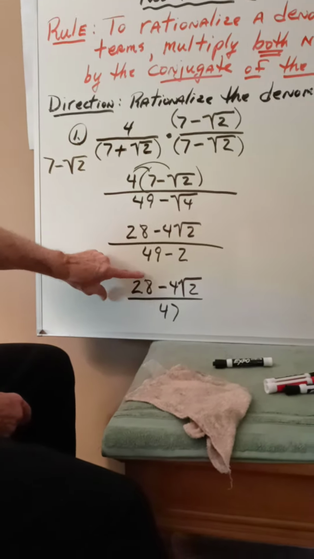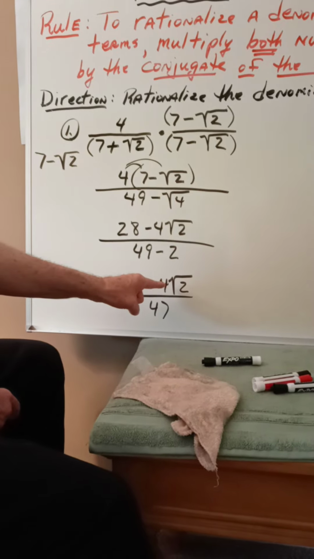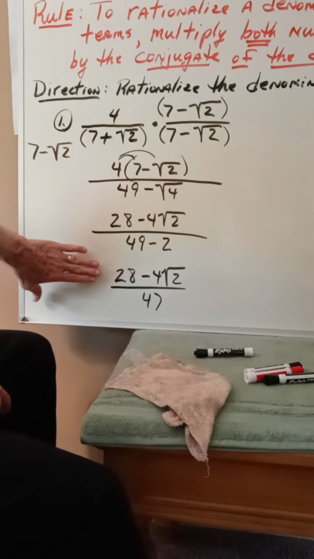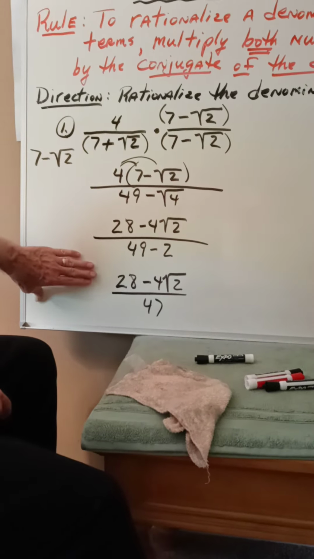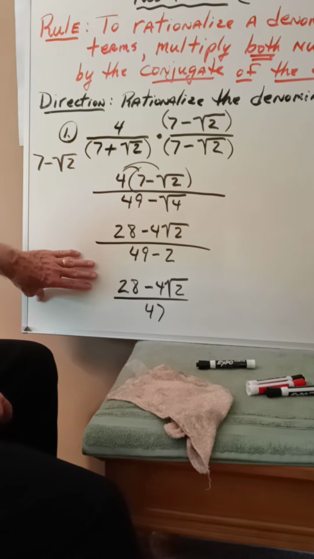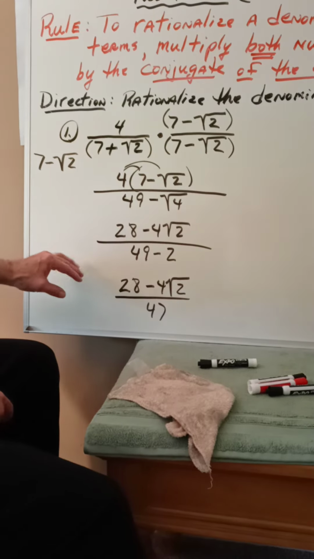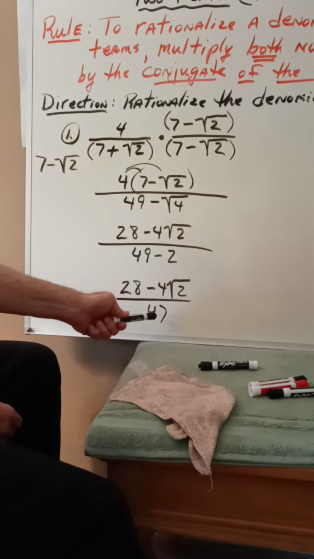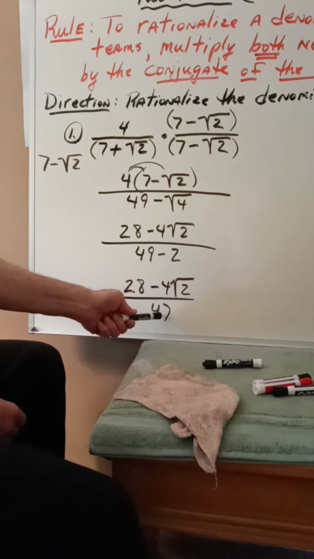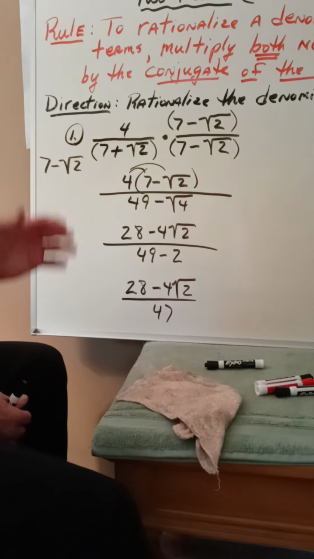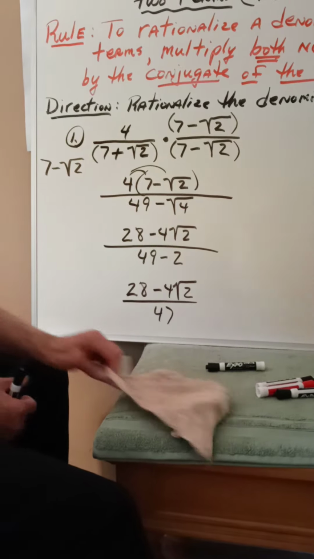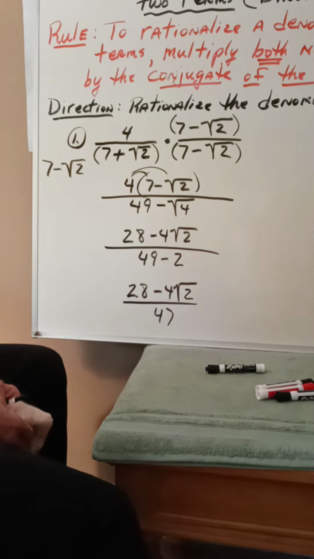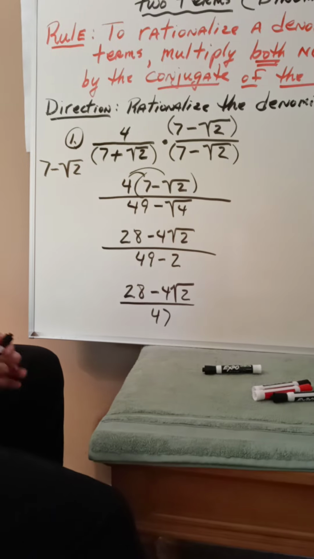There's a 4 in 28, and there is a 4 in 4 root 2. So we could take out a GCF of 4 out of the top. But we would only take that out if we were going to be able to do some reducing. And we're not going to be able to be doing any reducing on this one because the denominator of 47, it is rational, but the denominator of 47 is prime. And we're not going to be able to do any cancellation whatsoever.